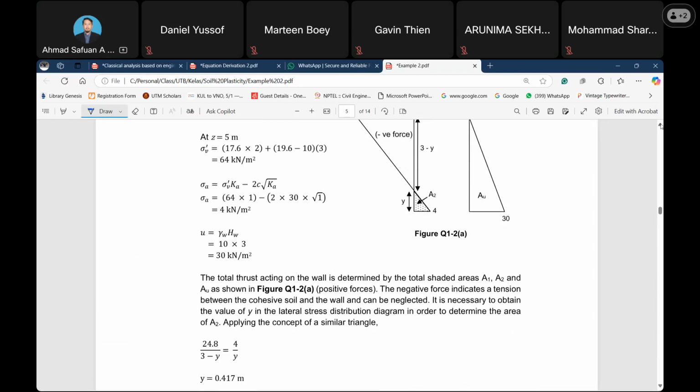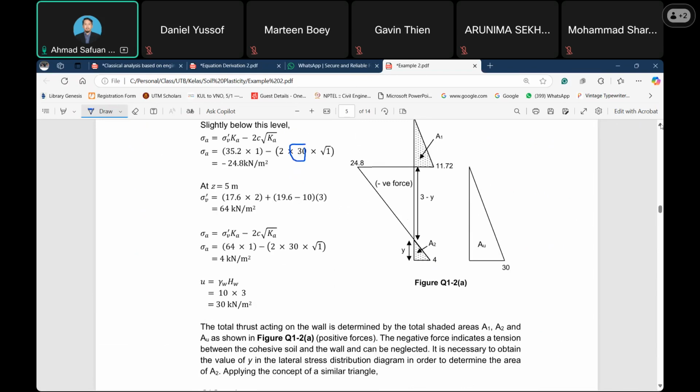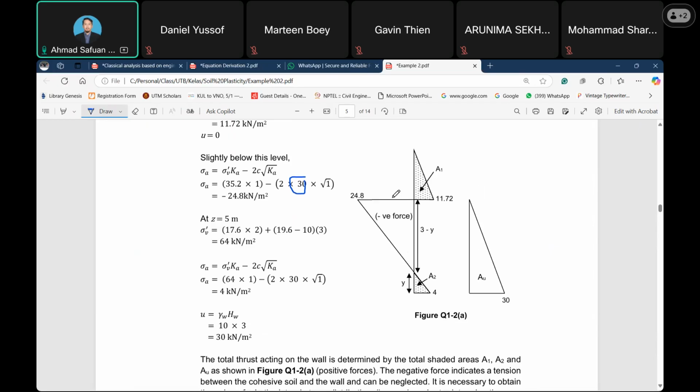In order to calculate the active total thrust, or active pressure, we only consider the positive pressure, because in this diagram we have a negative force and also a positive force, and the expansion that pushes the wall to the left side is only contributed by the positive pressure.